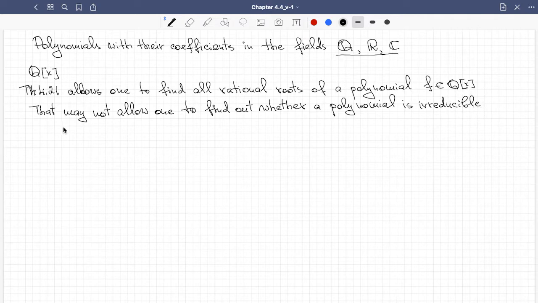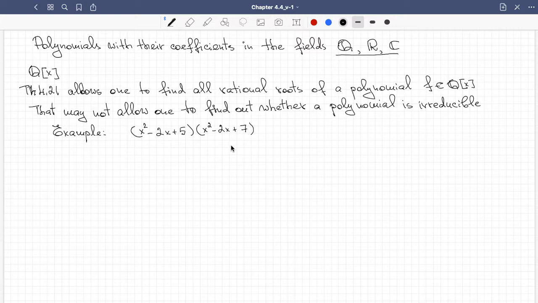Here is an example. I write here a polynomial with rational coefficients: x squared minus 2x plus 5 times x squared minus 2x plus 7.